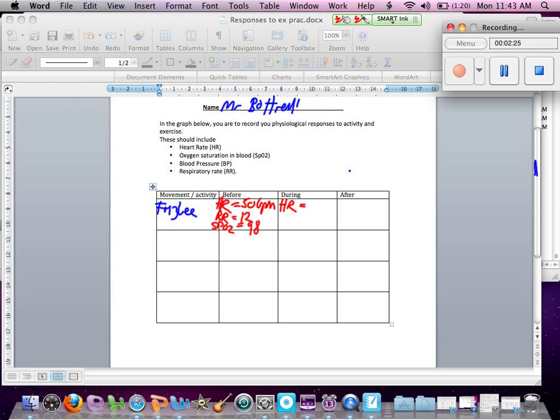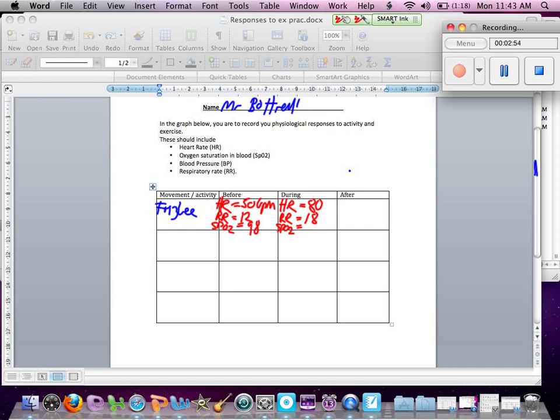My respiratory rate must go up because my heart rate has gone up. I can't fake respiratory rate and heart rate as a response to exercise. So let's say my respiration went up to 18 breaths in a minute. And my SpO2, my saturation of oxygen, I'm going to tell you would have stayed at 98.